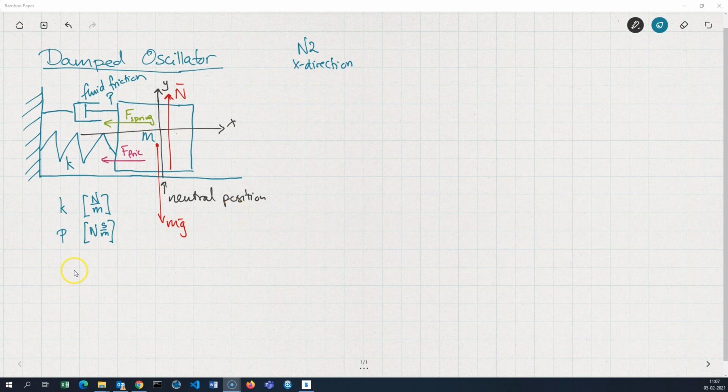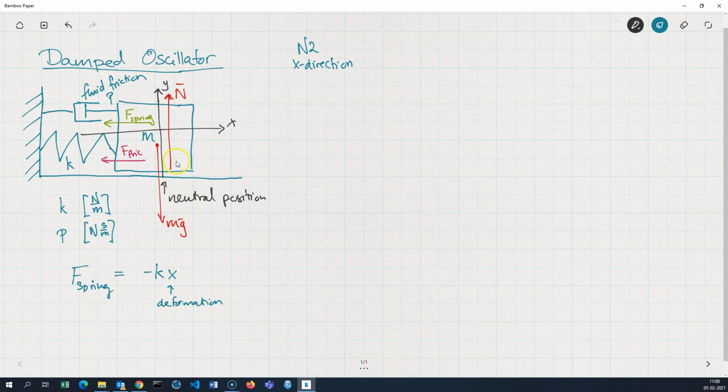let's just remind ourselves how those forces behave. Well, the spring force is minus k times the position of the box. Why is that? Well, the position represents the deformation of the spring.